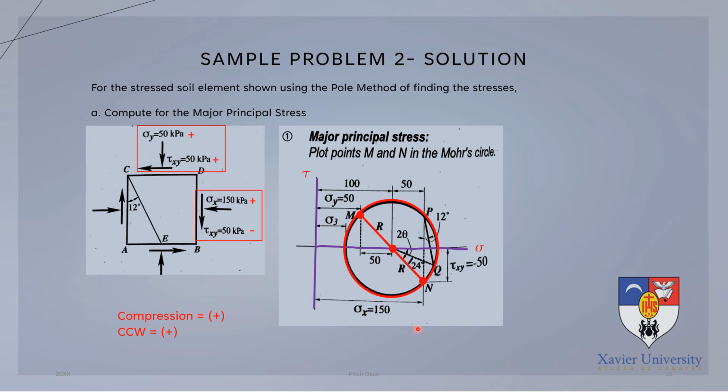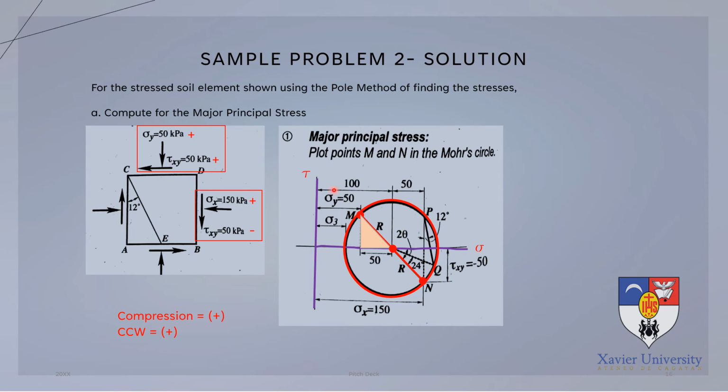Alright, so if we have a circle, the next thing that we have to do is identify its radius. For us to do that, let us consider this triangle. Its dimensions: this bottom part of the triangle would be equal to 100 from the center, then our abscissa here is equal to 50.